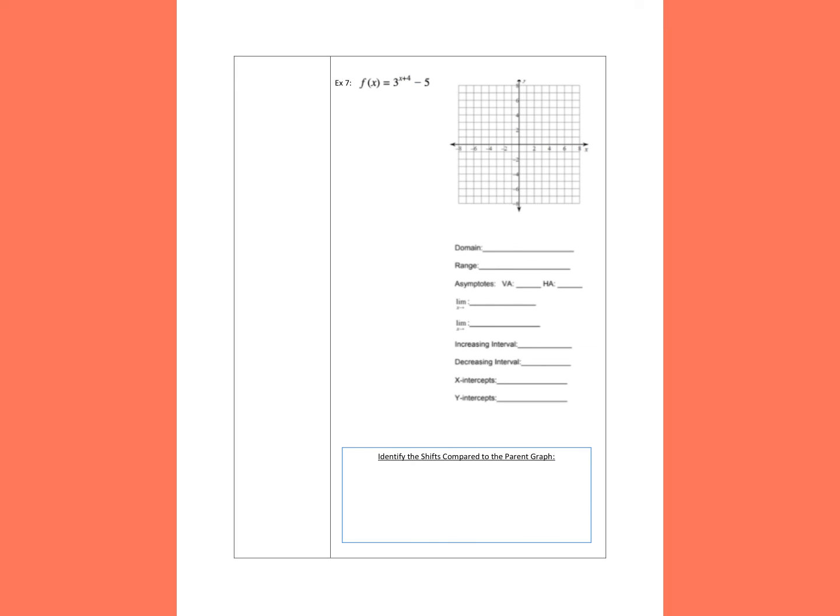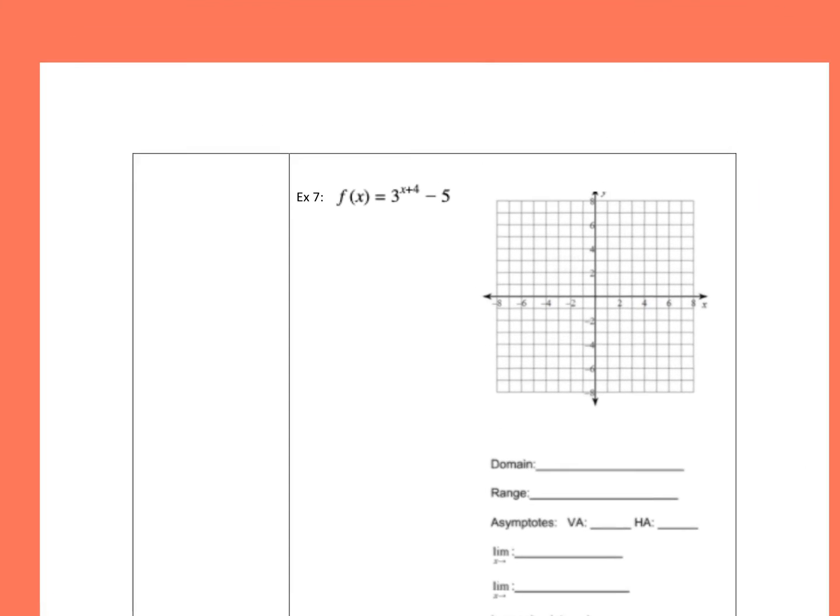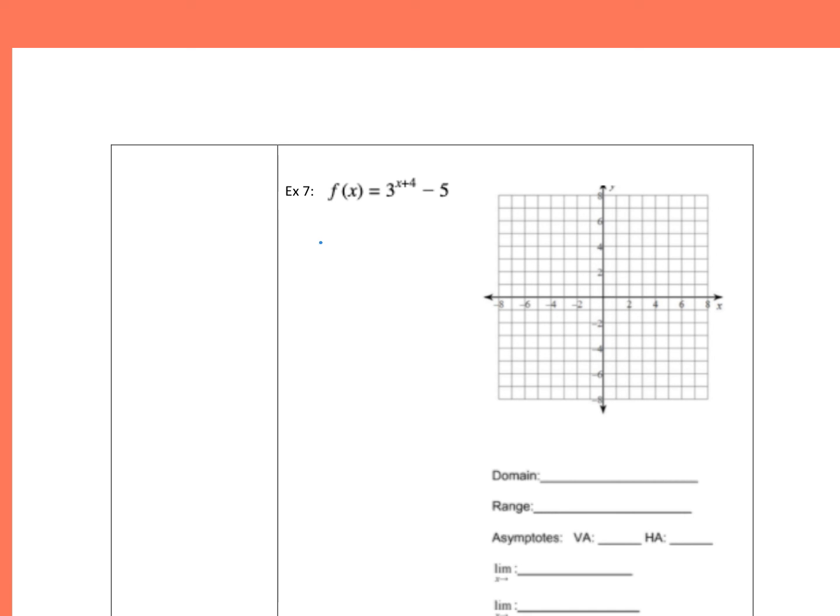Number 7. I think this is the last one, isn't it? To save time, we'll go through this one together. First off, how do we start these? Yep, start with a chart. What's going to go in the middle? -4.